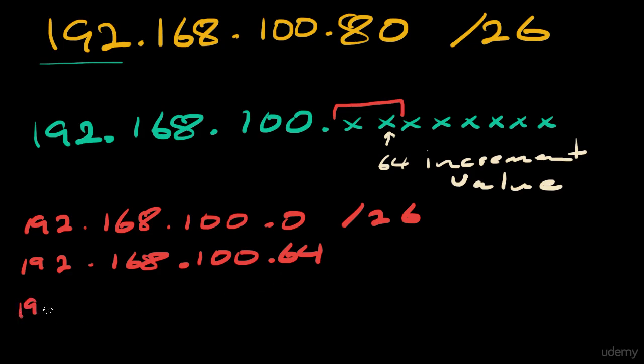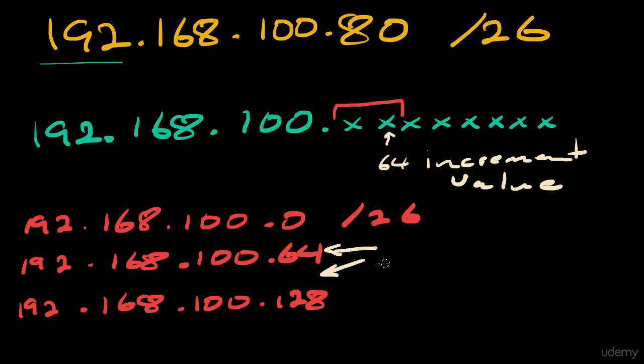The next one is 192.168.100.128. Now the IP address itself is .80. .80 is between 64 and 128. Therefore, 80 is an IP address that is on the 192.168.100.64 network.